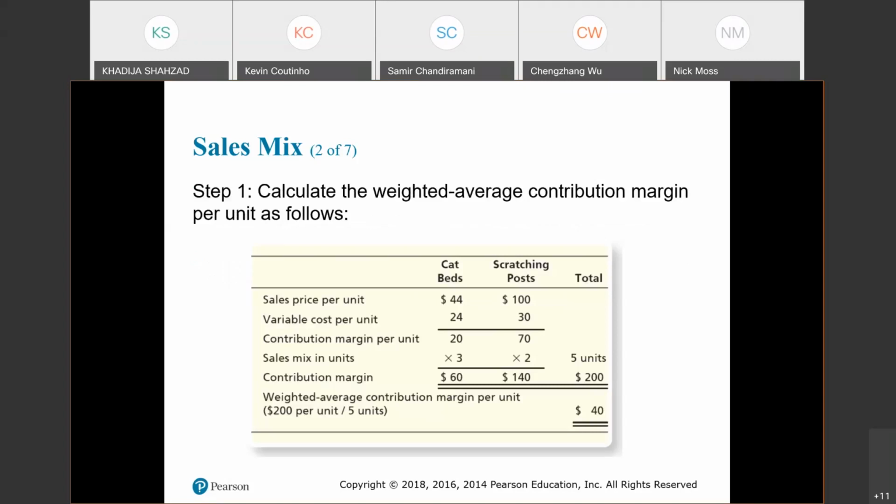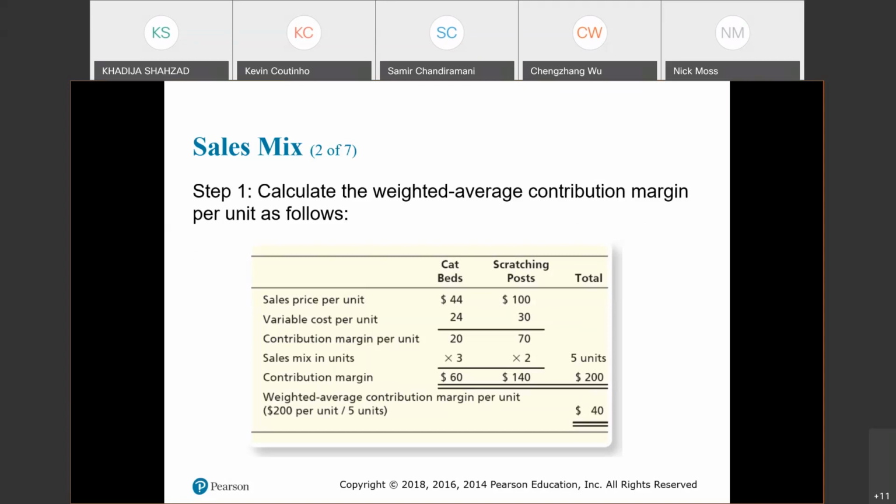Well, let's use this example to illustrate this point. A furniture company sold 6,000 cat beds and 4,000 scratching posts during the last year.